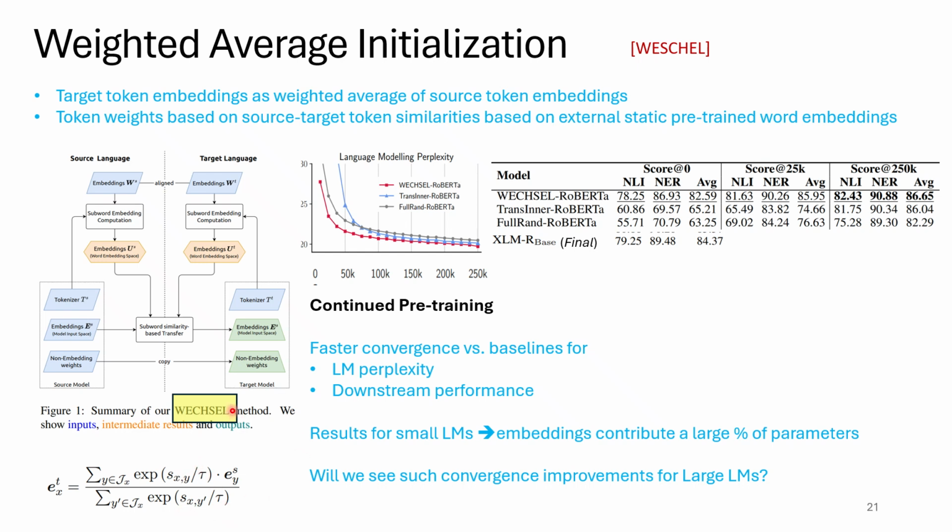So if you can do this, then you can achieve faster convergence in terms of LM perplexity as well as performance on downstream tasks. Most of these results, of course, have been shown on small LMs. Do you really get such convergence when it comes to large LMs? That's not very clear.